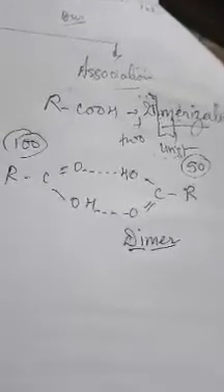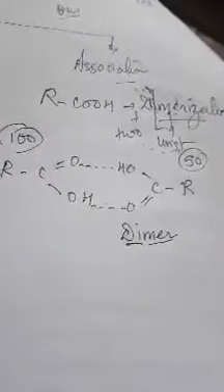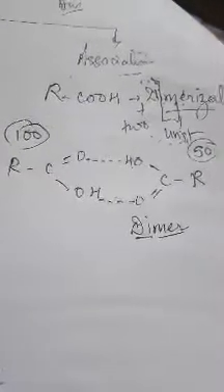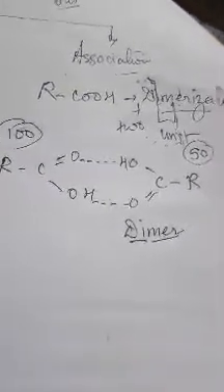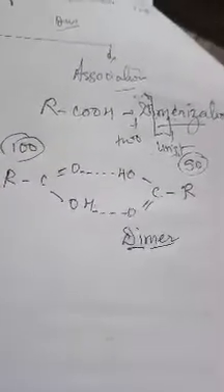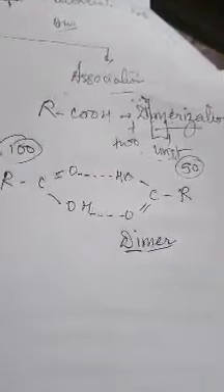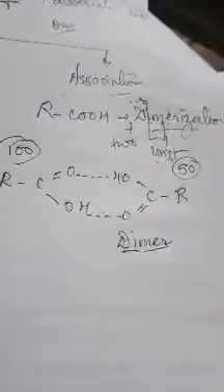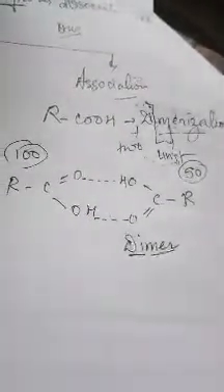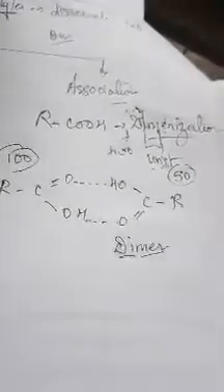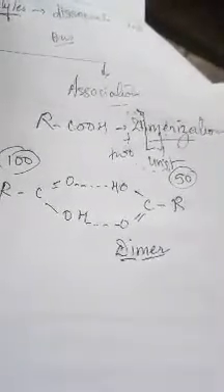So add one line. During association, the number of particles present in the solution decreases, कम हो जाता है, and therefore the values of the colligative properties of electrolytes undergoing association also decrease.